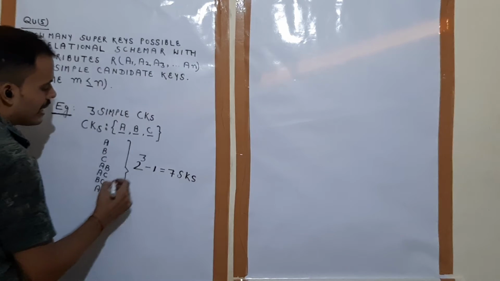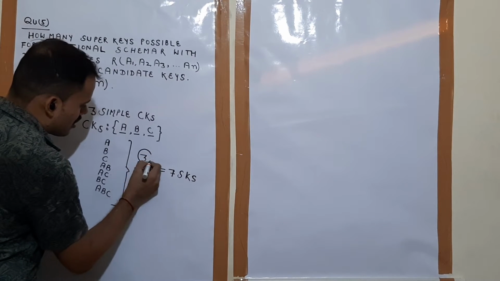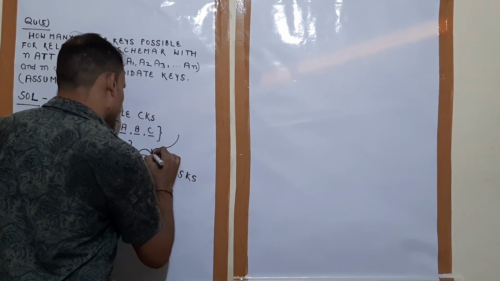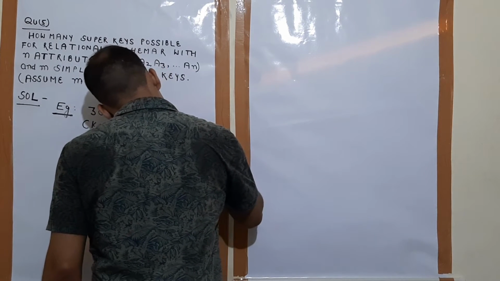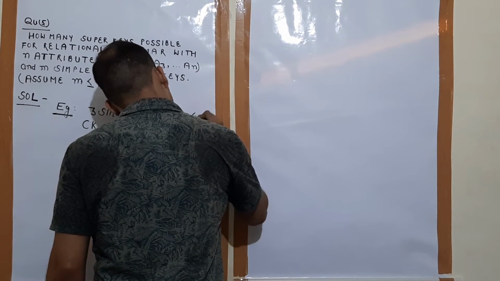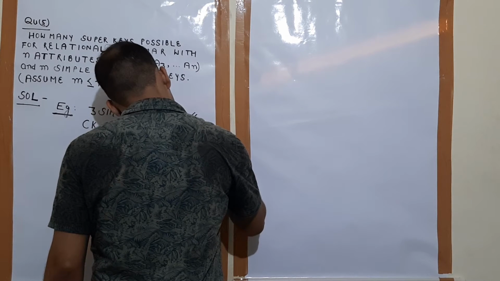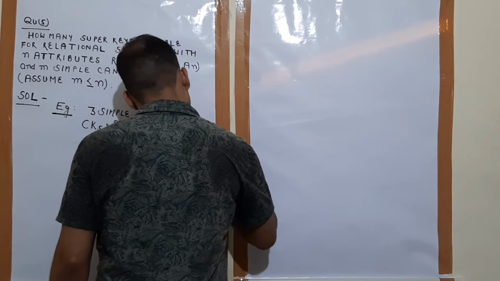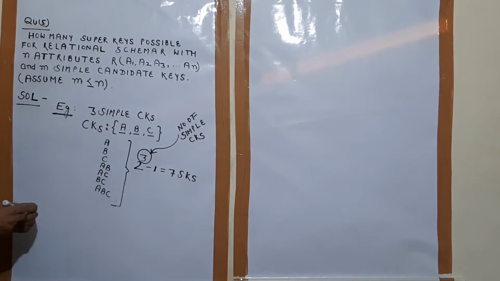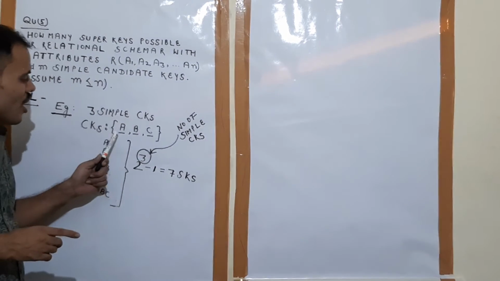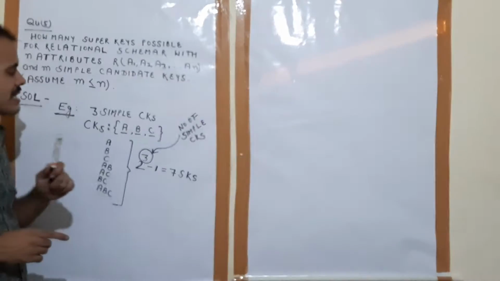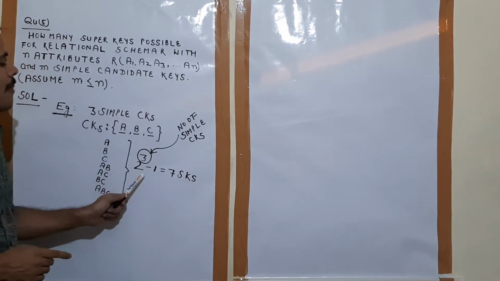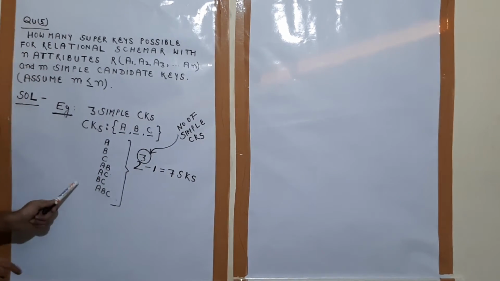And now see these three represent the number of simple candidate keys. See how many simple candidate keys are there: 1, 2 and 3 simple candidate keys. So 2 to the power 3, where 3 is the number of simple candidate keys, minus 1 is equal to 7. There are 7 super keys.